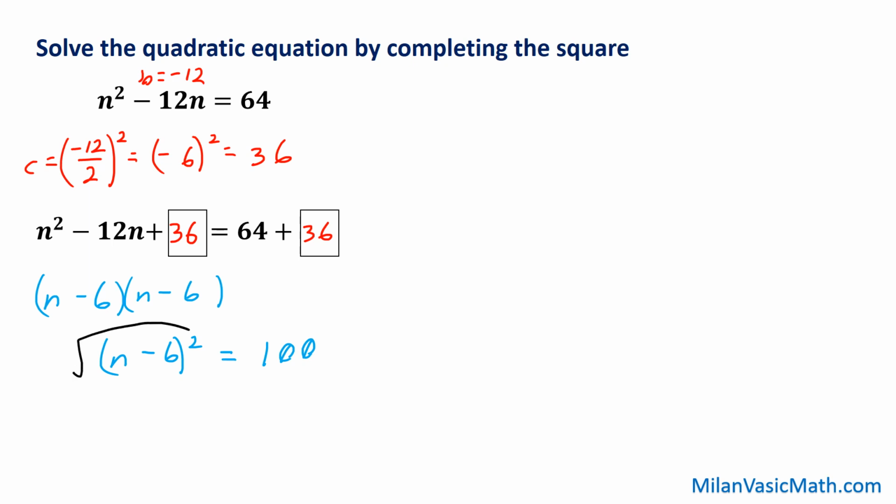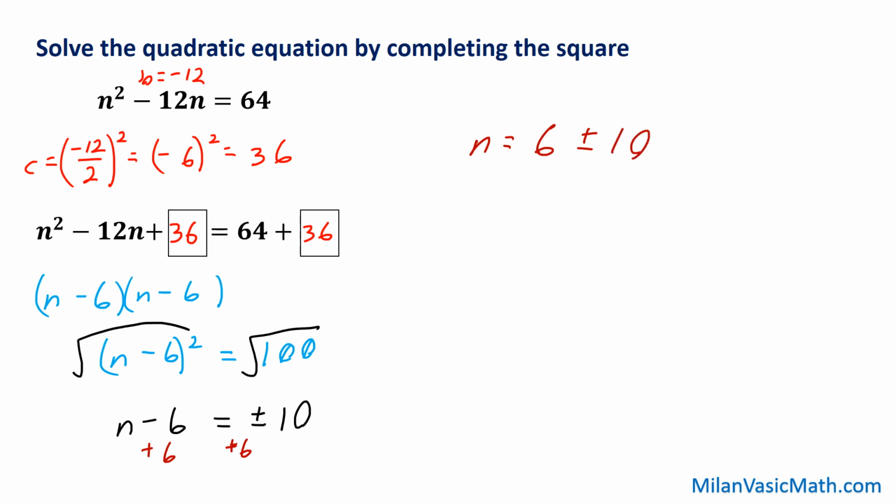Take the square root of both sides, and we have n minus 6 equals positive or negative 10. I will add 6 to both sides, and the solution is n equals 6 plus or minus 10.